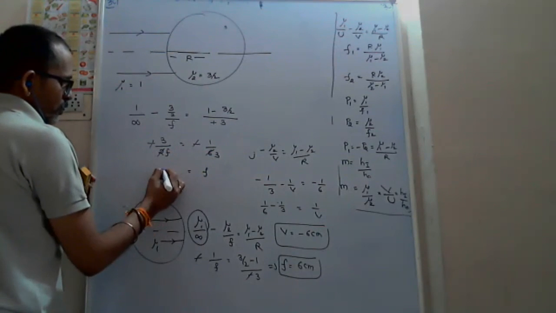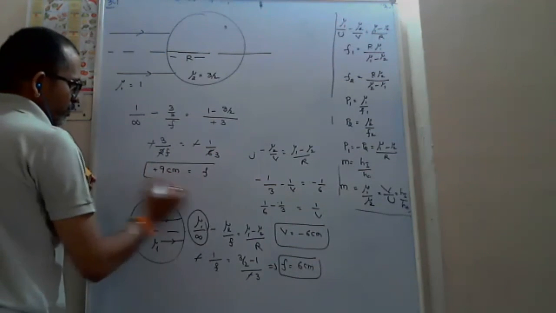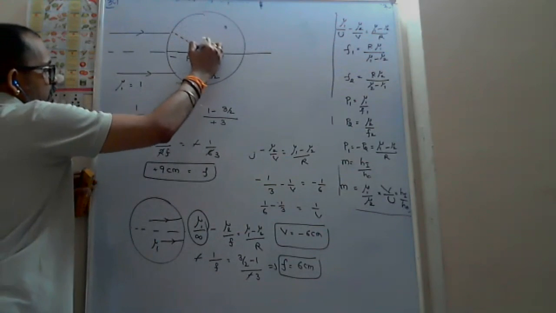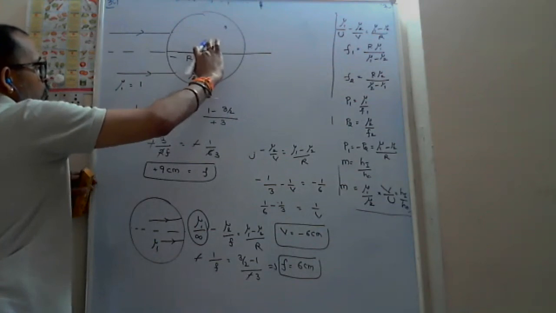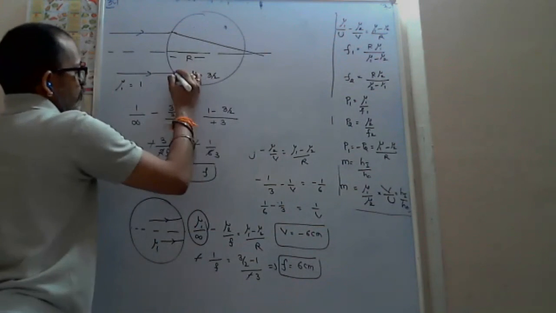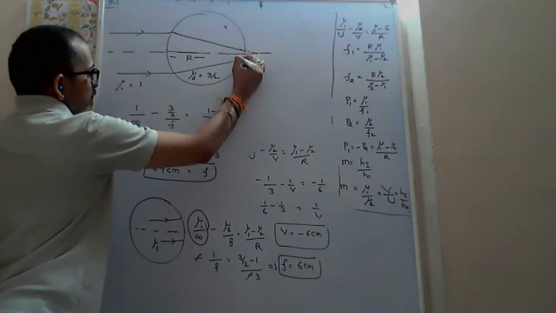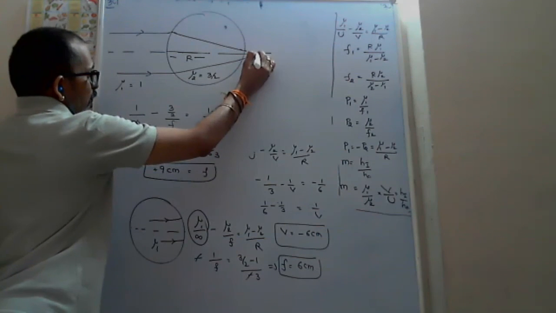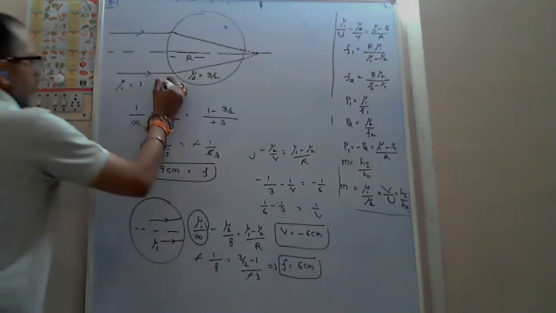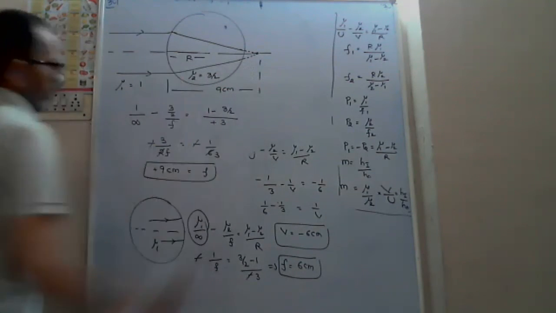F equals 9. Plus 9 or minus 9? Plus 9 means you will get the focus somewhere here. Outside or inside? Outside the glass. From here at a distance of 9 centimeters.